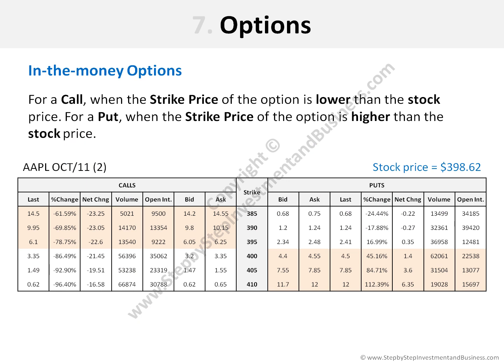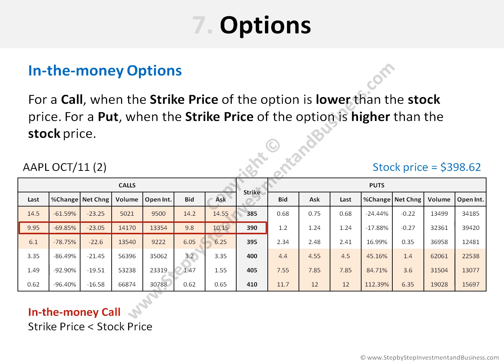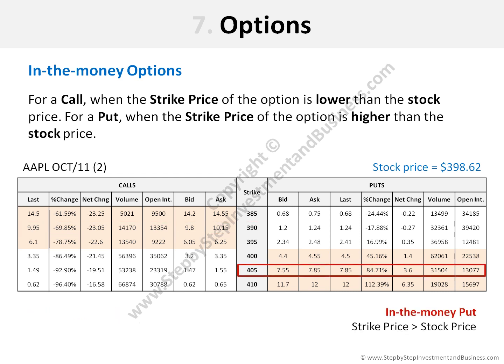Above the table, on the right, the current stock price is indicated in blue. In this case, $398.62. So, the selected call option is an in-the-money call because its strike price, which is $390, is lower than the stock price. On the other hand, the put option, selected right now, is an in-the-money put because its strike price, which is $405, is higher than the stock price.